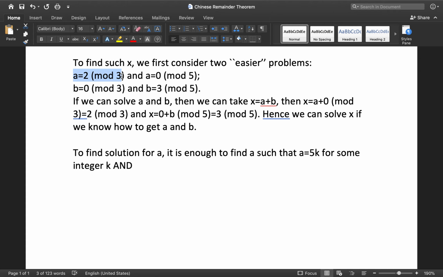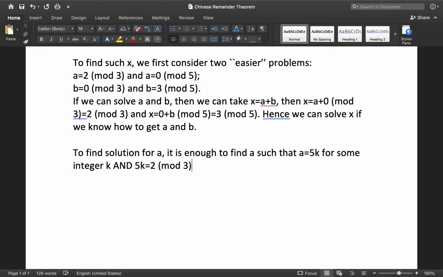So that means you have to get the k, a equal to 5k, such that also 5k has to be congruent to 2 module 3. This is exactly what you need, right?